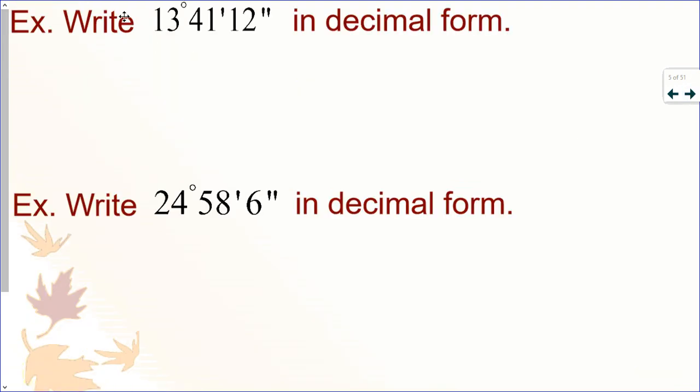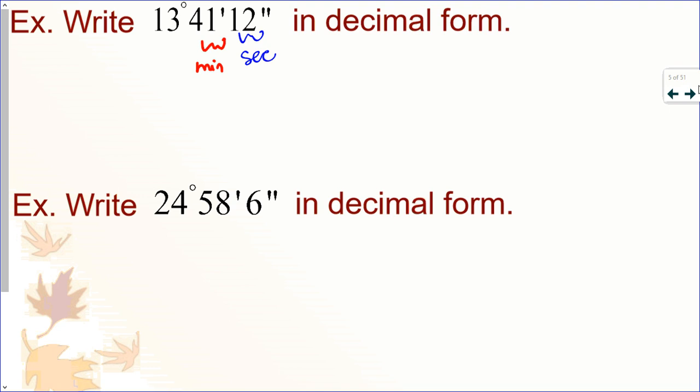Now, you also need to know how to go from degrees, minutes, and seconds to the decimal form. And so we can see this, the 41 is the minutes, and the 12 is the seconds. So we need to consider 2 different conversions for this.